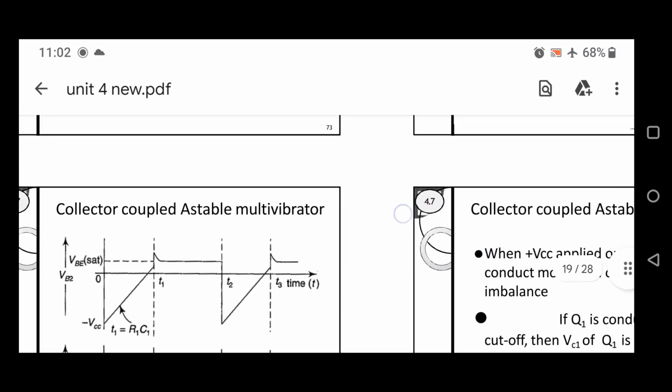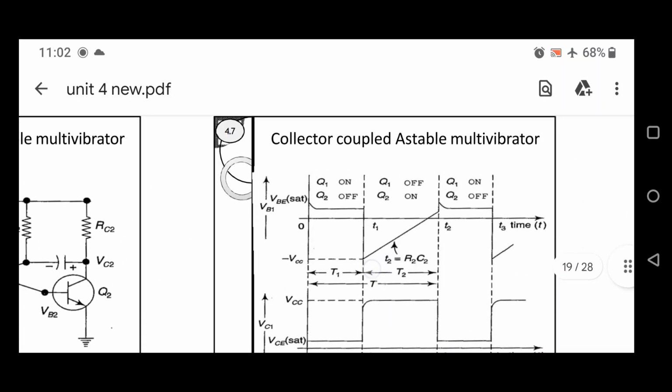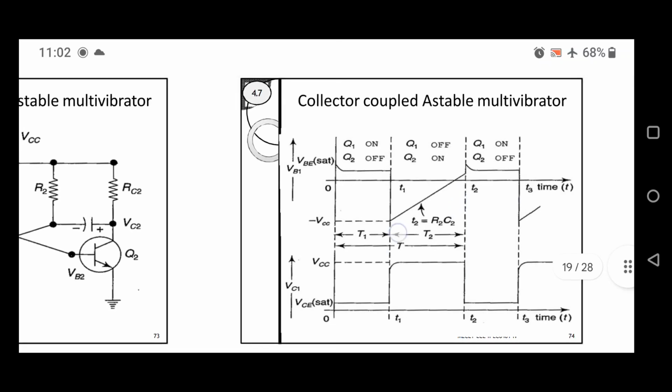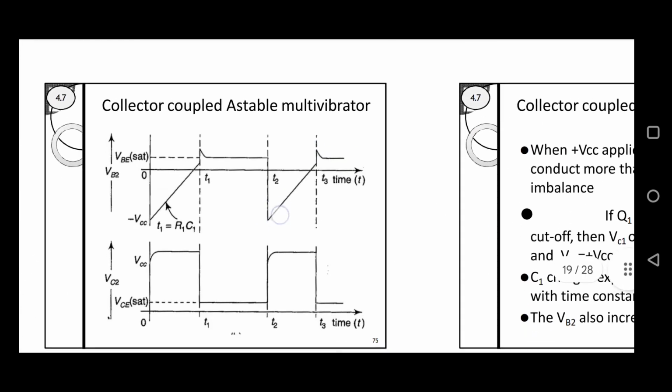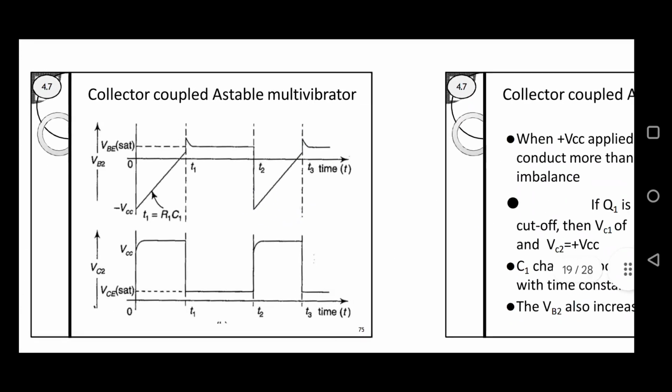Similarly, the next one, VB1 reaches the cut-in voltage and Q1 is off and Q2 is on. That is the exact concept of this collector coupled astable multivibrator.